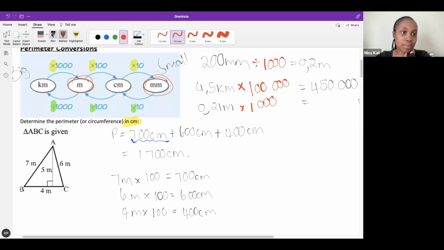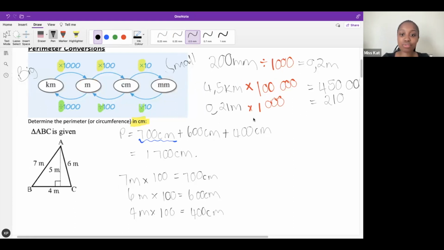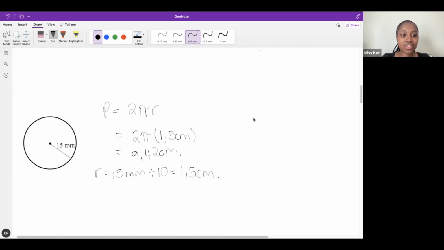Yes, 1, 2, 3. Wonderful. If you prefer to do the conversion step by step, that's okay as well. So yes, indeed, it will be 210 millimeters.